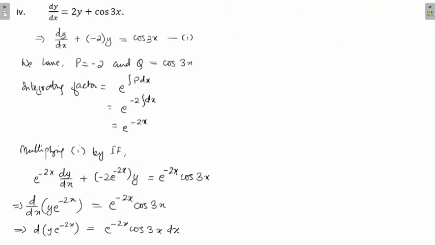Integrating both sides, we have the integral of d of y e to the power minus 2x is equal to the integral of e to the power minus 2x cos 3x dx.